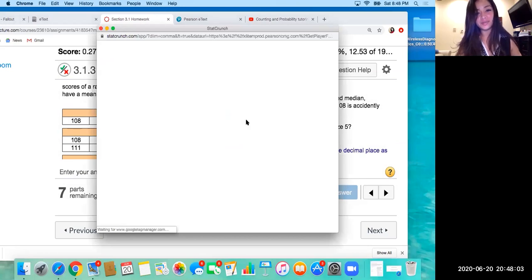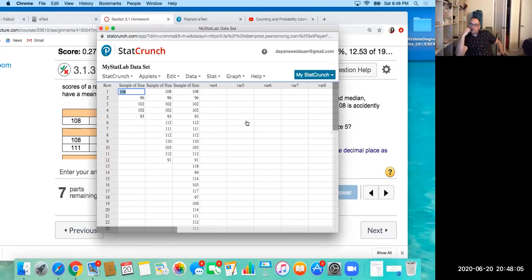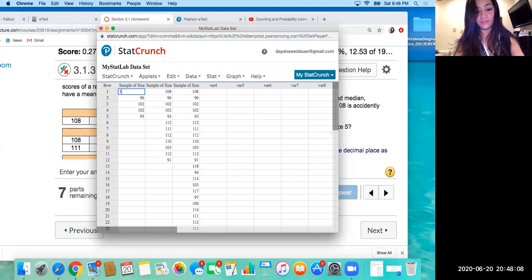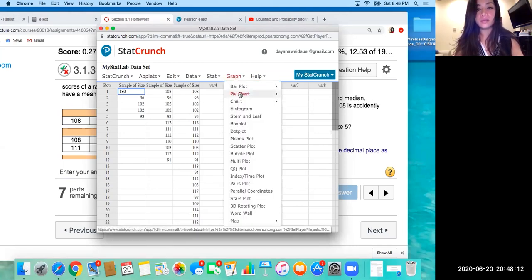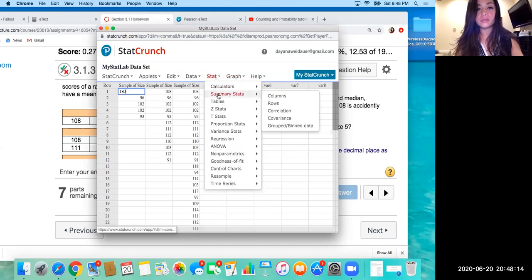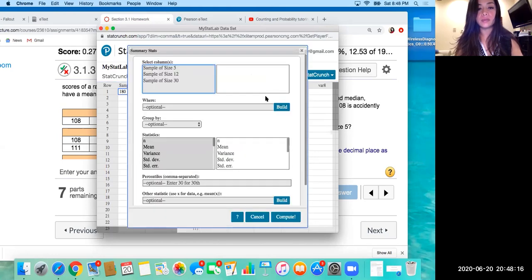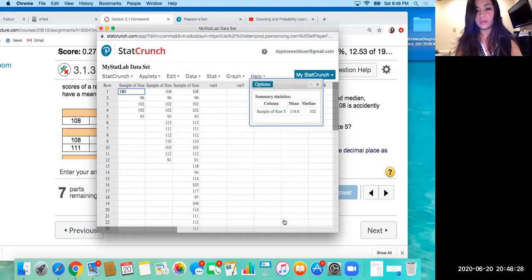Let's see if I remember how to do this. Wait, stats. We need the 5, and I need the means, and six and 2.